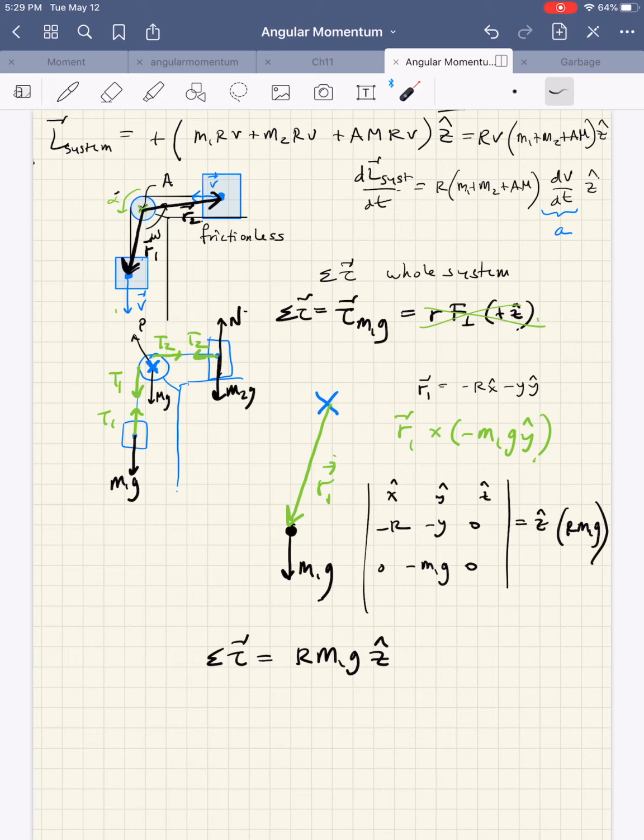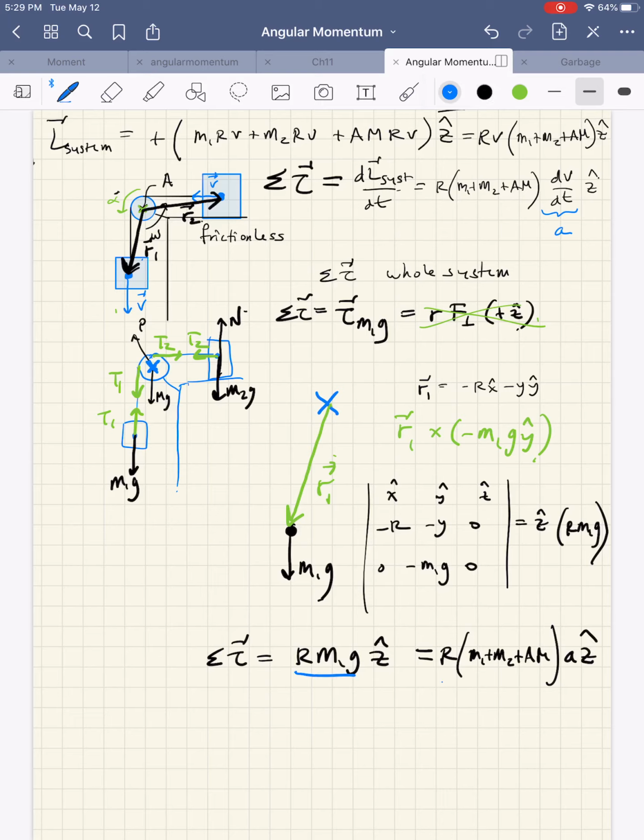But I also have another definition for the sum of torques that comes from the definition of angular momentum. I have it here, and these are equal to each other: R times (M1 plus M2 plus M) times A z hat.